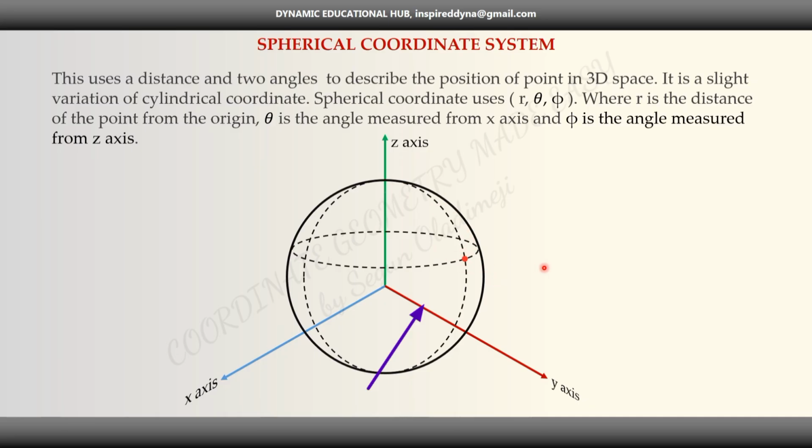The first thing is, let's give the radius. The radius is this, from the origin down to that point. You have the radius from here to here. This is the radius, the small letter r, which is the distance we are measuring.